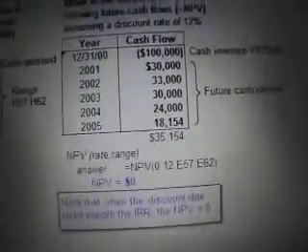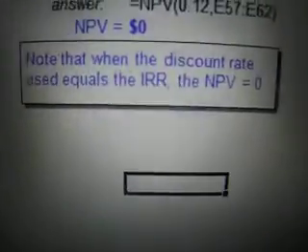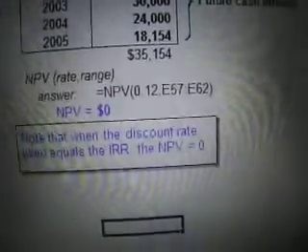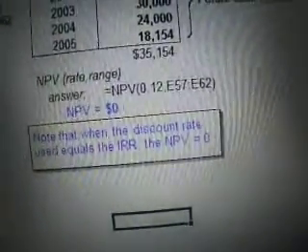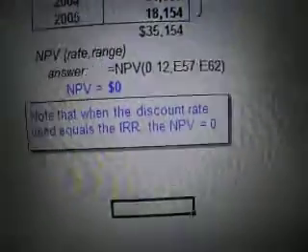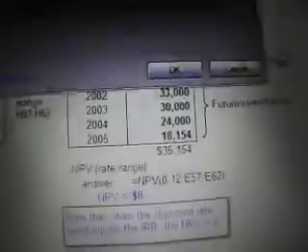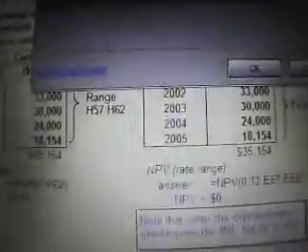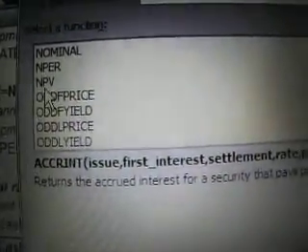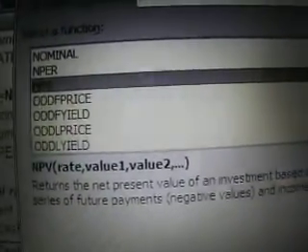So the cash flows are in cells H57 to H62. And then the discount rate that we are using in this example is 12%. So let's click on the function. Going to go down to look for the net present value. Click on the net present value.